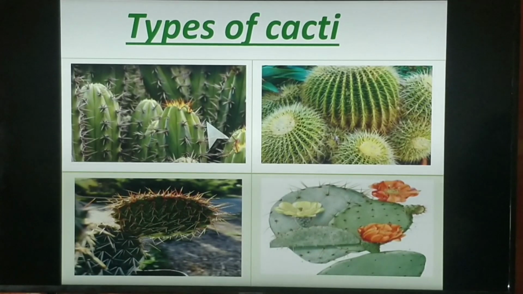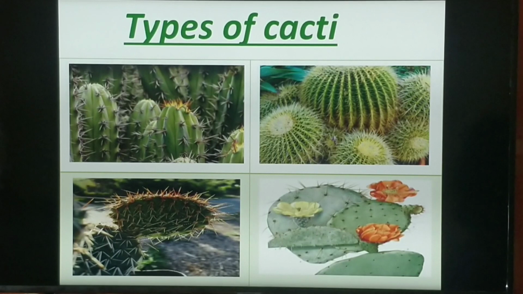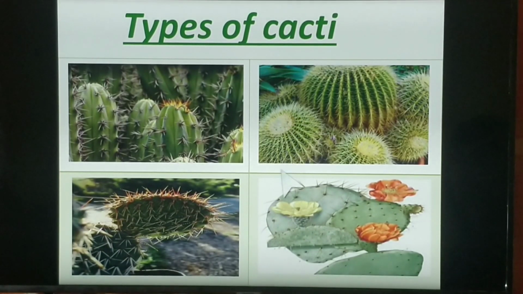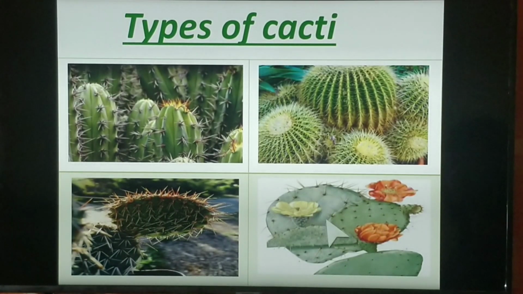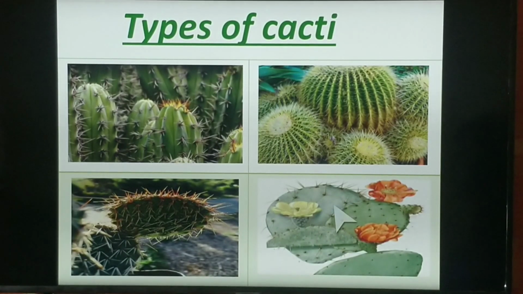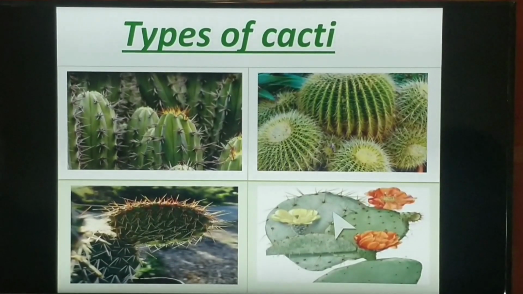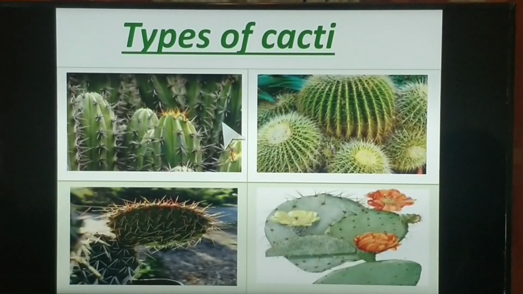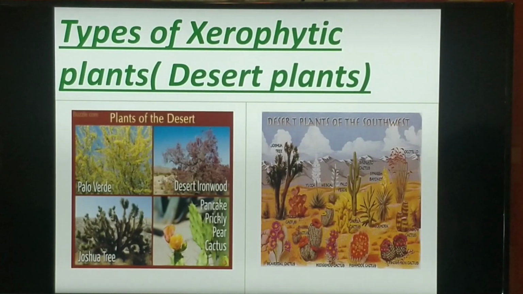The leaves are reduced or modified into spine-like structures. Then you see this green structure which appears to be leafy, but it is actually the stem which is modified to function like a leaf. Next, we'll see different types of xerophytic plants.